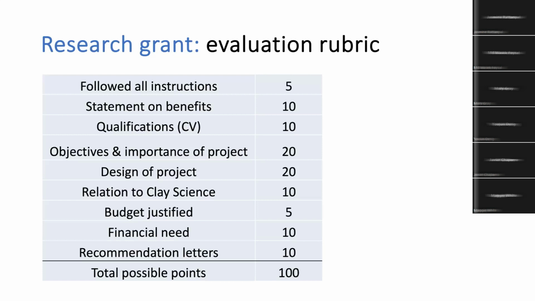And then financial need also, because some people really have no other sources of funding, and others might have many sources of funding. So in any case, that's the rubric that we use. And I think in the past, often students forgot to sign their application. So we do want people to sign it. That's part of following all the instructions.